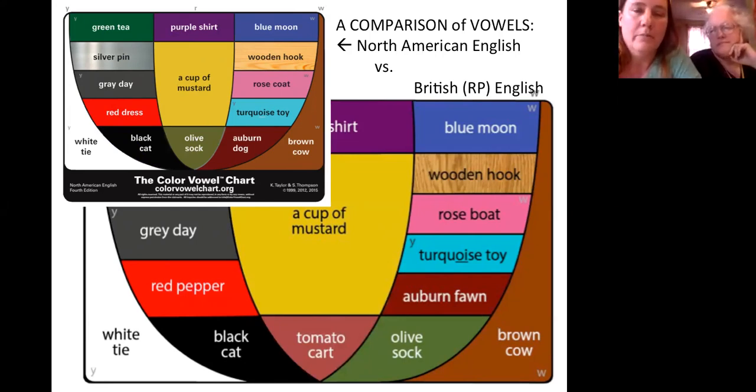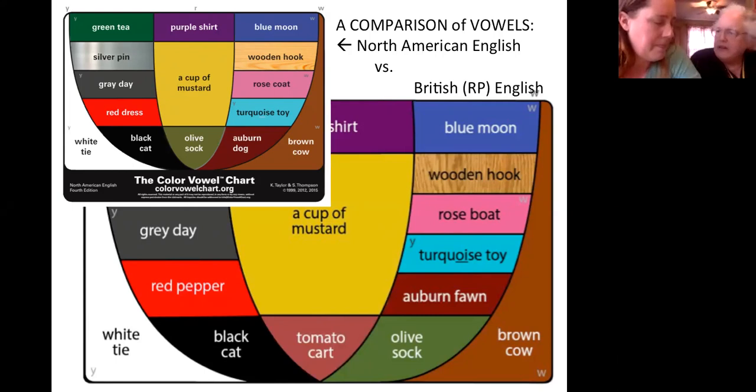The word mantra cannot be "moontra," and it cannot be "meentra." Neither green nor blue are possible vowel sounds for that word. So it can be black or olive, "mantra," "mantra." It cannot be red. It starts to not be that word anymore, "mentra."